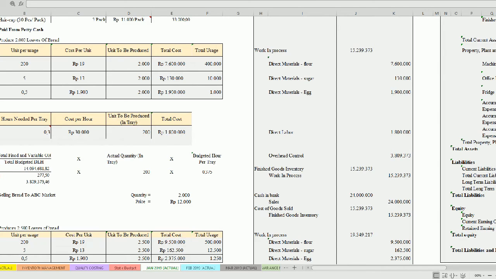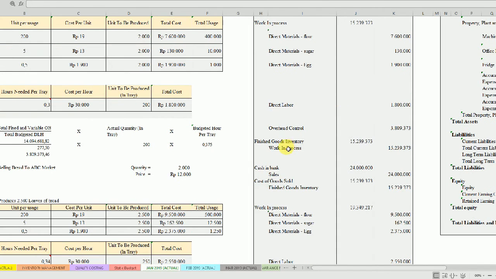The applied overhead is total fixed and variable overhead over total budgeted direct labor hours, times actual quantity in trays and times budgeted hours per tray, and we will get the overhead control nominal. The journal will be work in process to direct materials of flour, sugar, egg, direct labor, and overhead control. And also finished goods inventory to work in process.